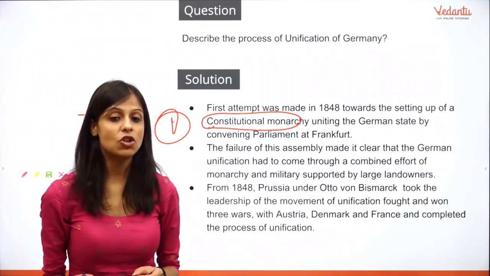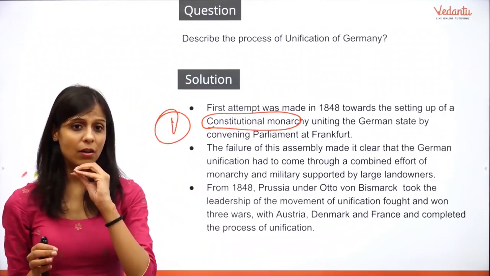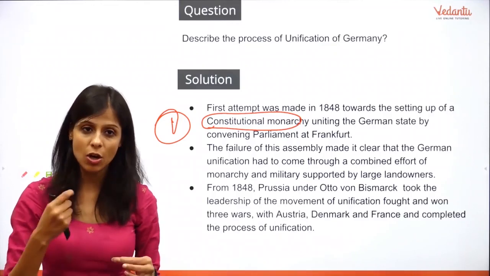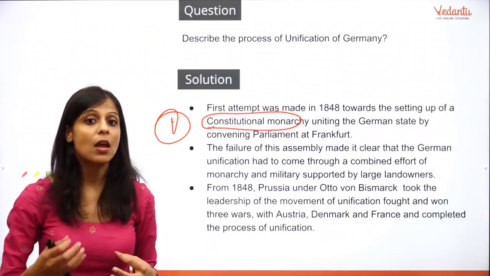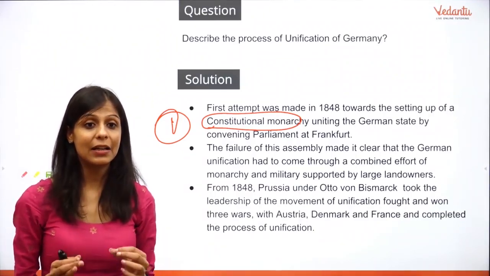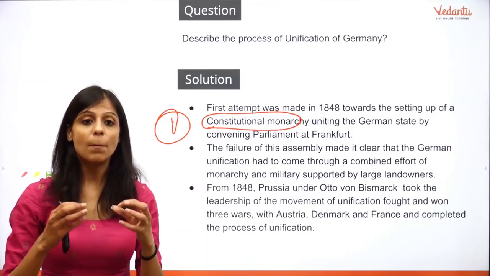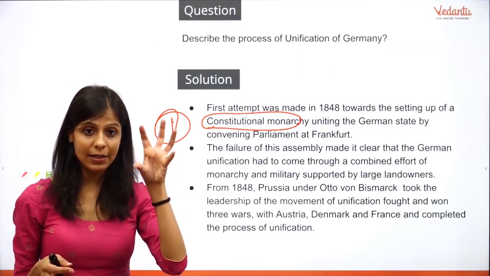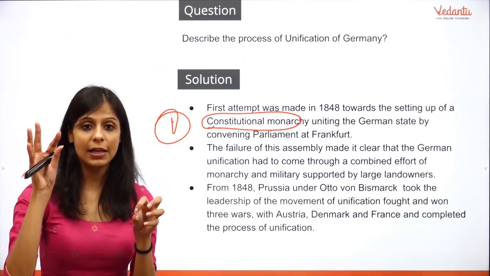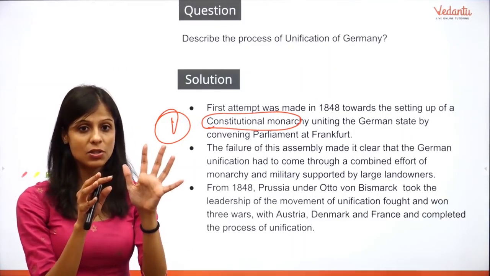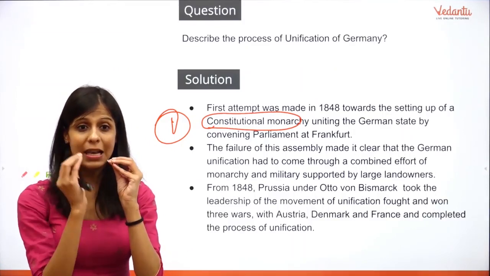Second point, you're going to make sure that this assembly that they assembled to make sure the German Confederation comes into shape made it clear that Germany is going to be unified, but that is going to be done by the combined efforts of monarchy and the military support that they're going to get. That was done by landowners.